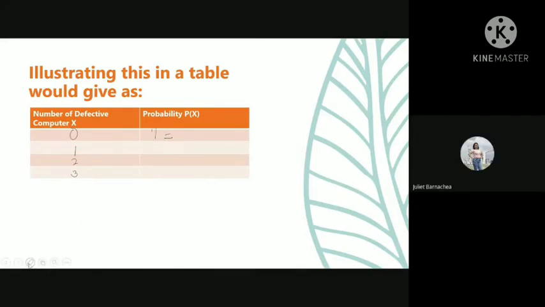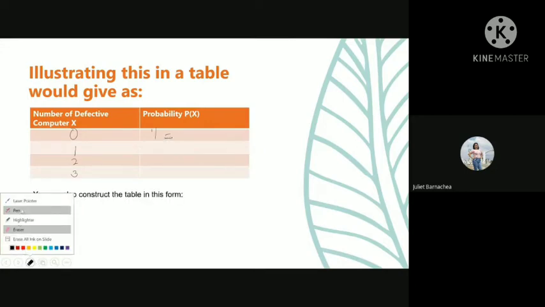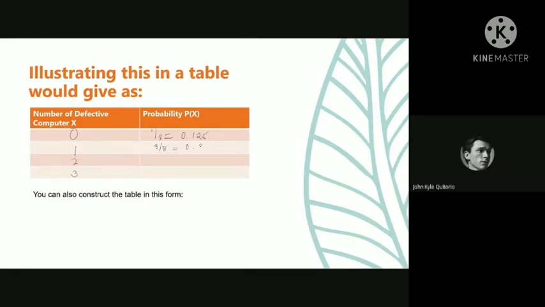Correct. 1 over 8 is equivalent to 0.125. 3 over 8 is equivalent to 0.375. Okay, good. Again, another 3 over 8 here. That's 0.375. And 1 over 8 is equal to 0.125.